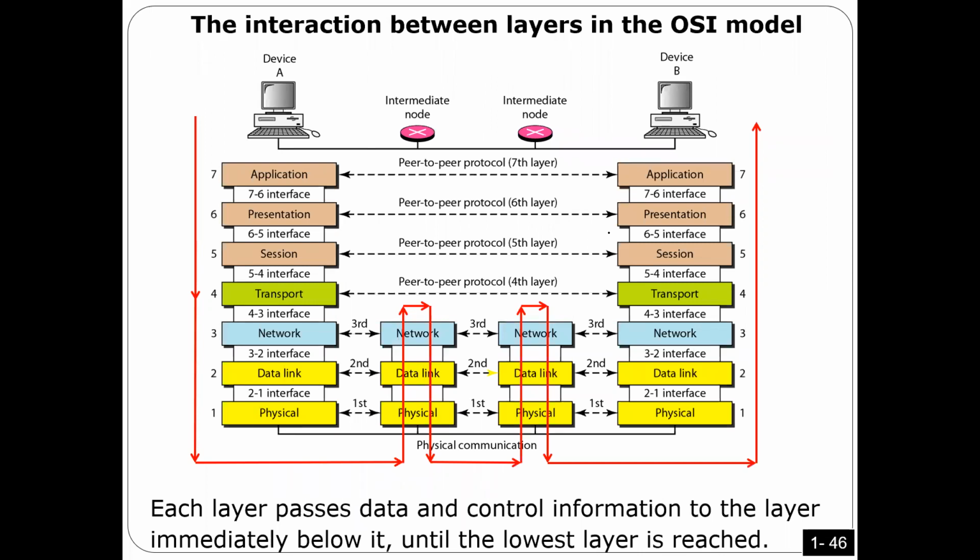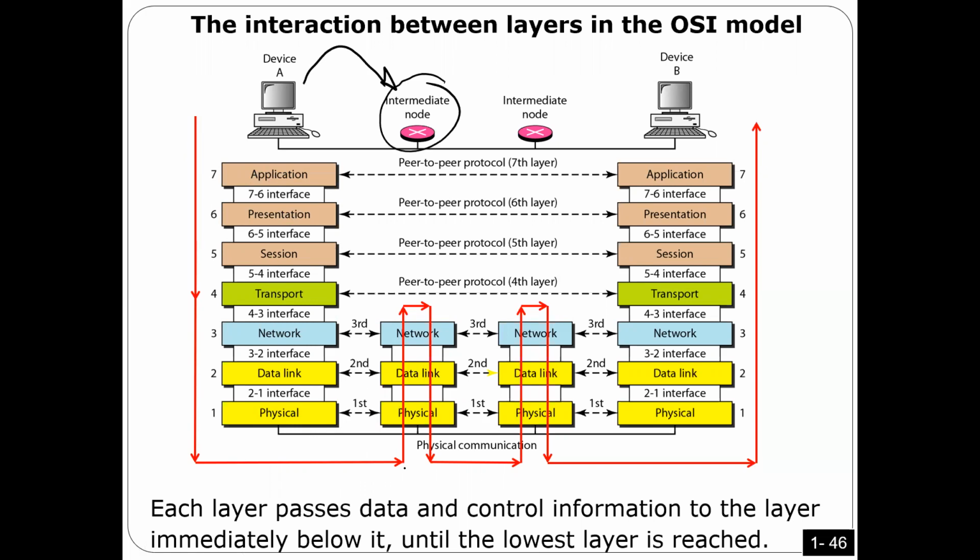Here, for example, as you see in this figure, computer A is connected to computer B through two routers. For example, here the data starts from the application layer. The application layer sends the data to the presentation, session, transport. It's going to go all the way until the physical layer. The physical layer is going to transmit it to the next hop, which is a router.